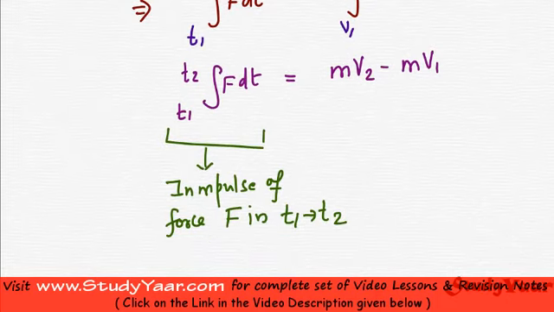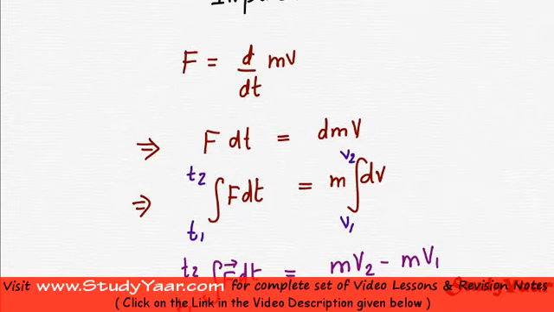Just realize that my force is a vector, and my velocity is a vector also. So I'm going to make these quantities vectors over here. Force is a vector, dv is a vector.